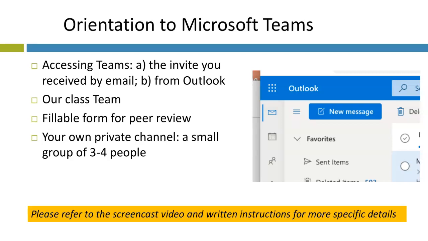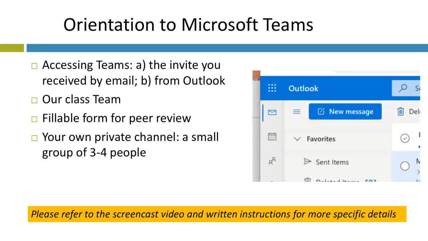What I will say right here is that we have what Microsoft Teams calls a team for our entire class, and within that team I am creating private channels. A private channel just simply means a workspace for a small group of 3 to 4 people. It's within those small groups that you will be conducting peer review.